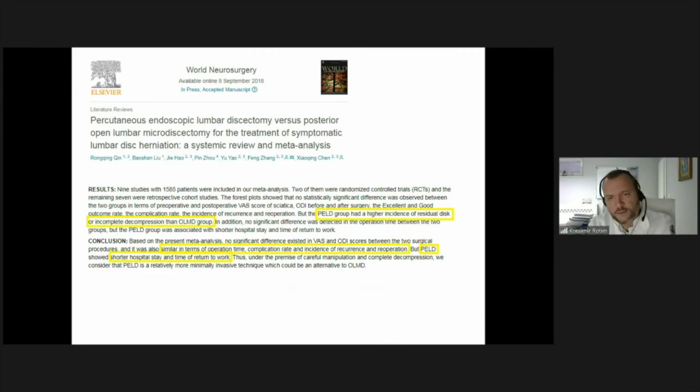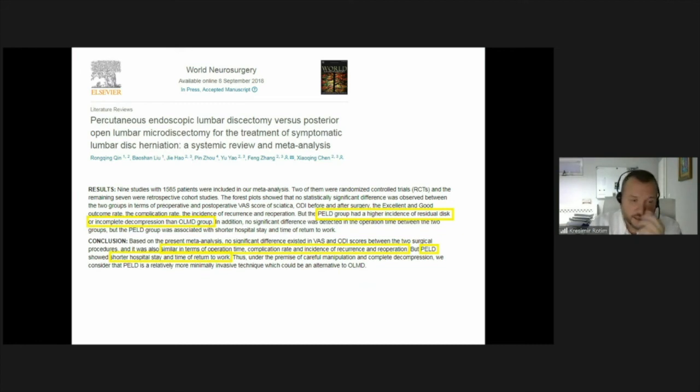But again, compared with open lumbar microdiscectomy, the endoscopic discectomy showed a higher incidence of residual disc or incomplete decompression. But in terms of operation time, complication rate, and incidence of recurrence and reoperation, the endoscopic discectomy doesn't show any significant difference in comparison to the open discectomy.